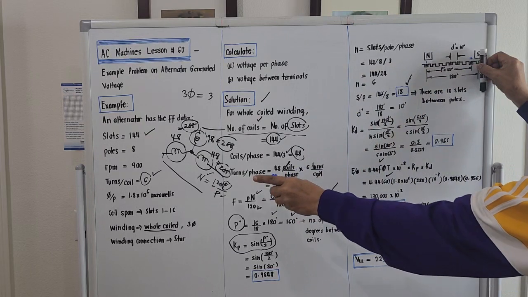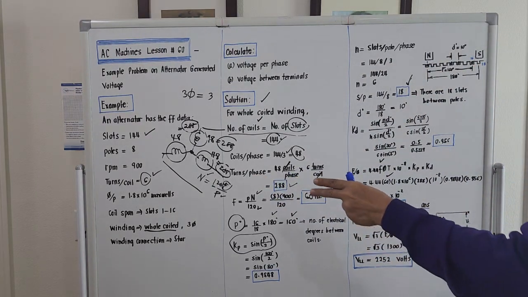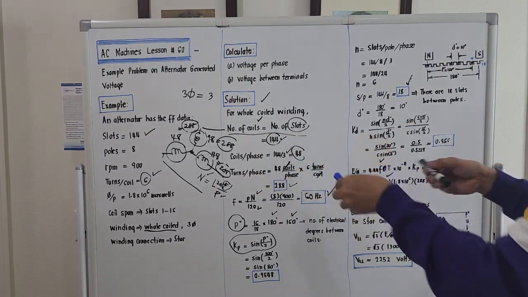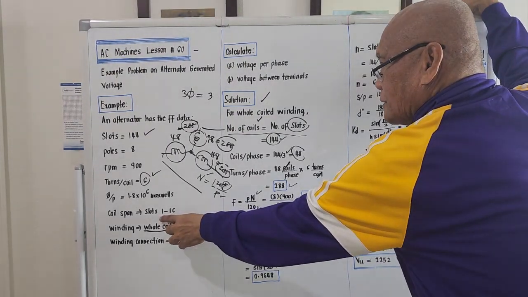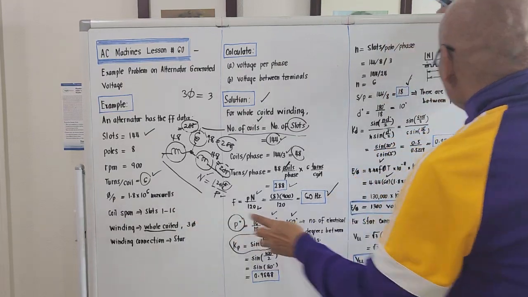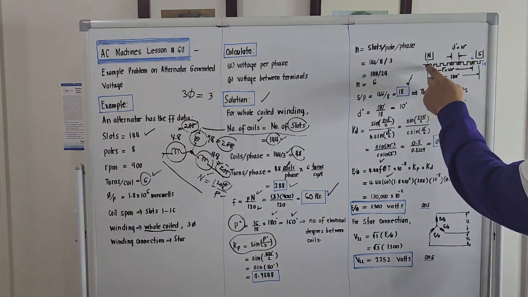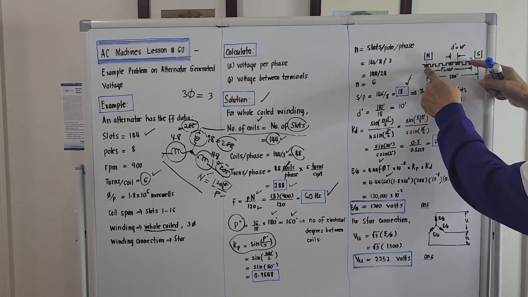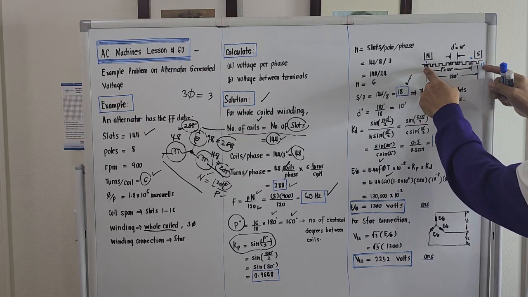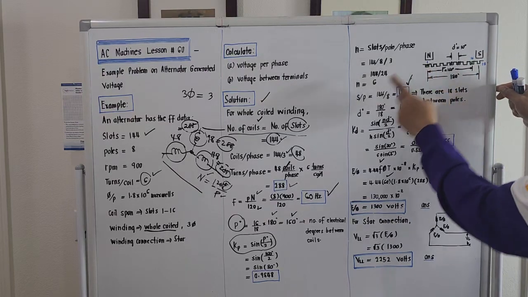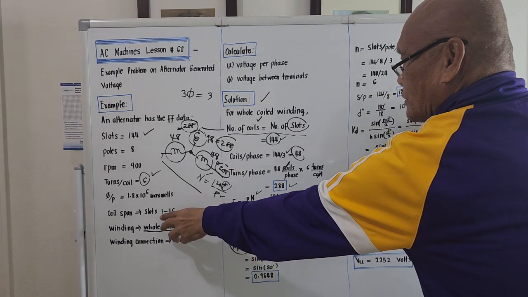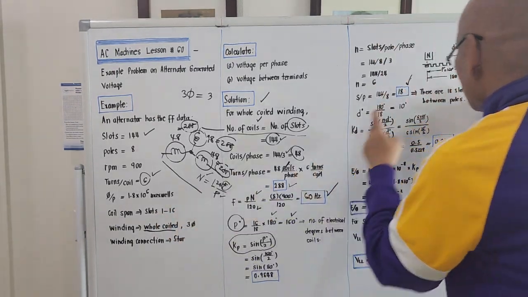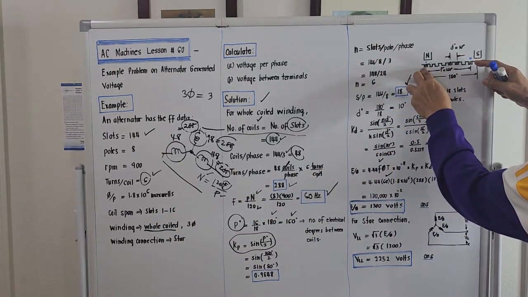But according to the given condition of the problem, when the windings are placed in the slots, the start will be at 1, then it will come out at 16. So it will start at number 1, it will go out at 16, but it's not at 18. Because if it's 18, that will be a pole pitch winding already. But according to the problem, it's only 1 to 16.